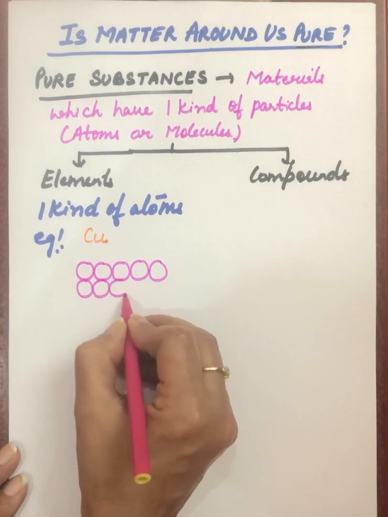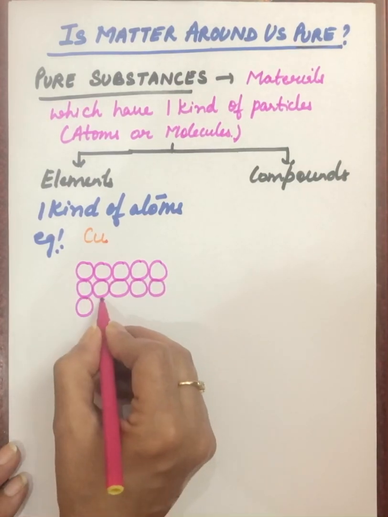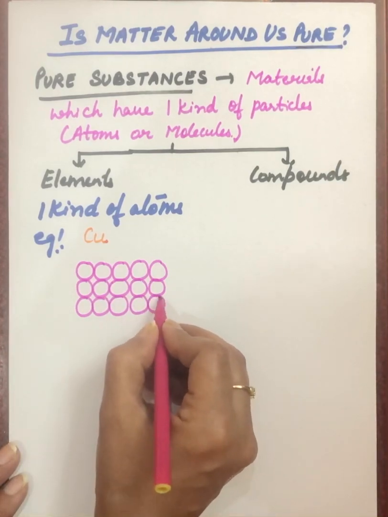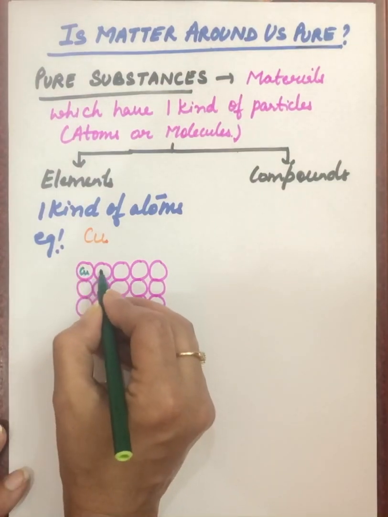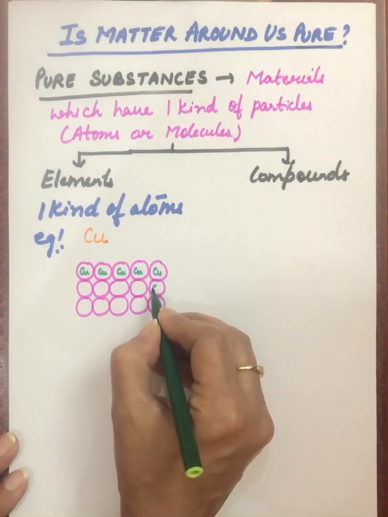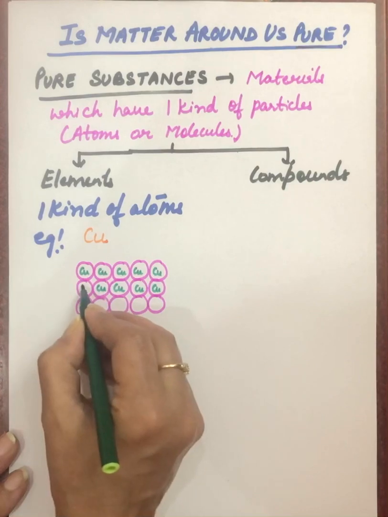Like we are taking a copper coin. In a copper coin there are copper atoms and all these atoms will be of the same size and shape, every property will be the same. These all are copper atoms in a copper element.